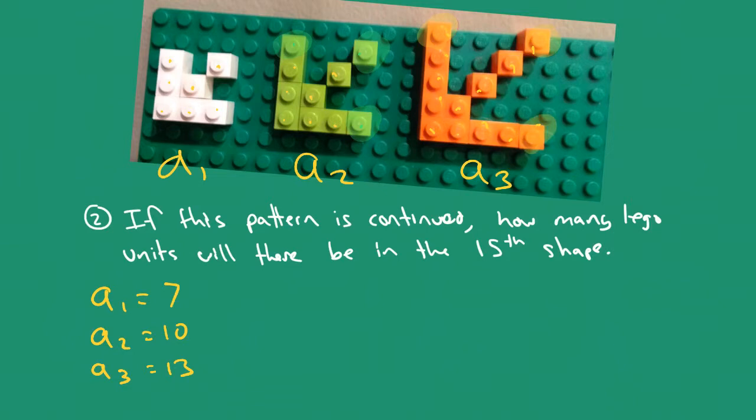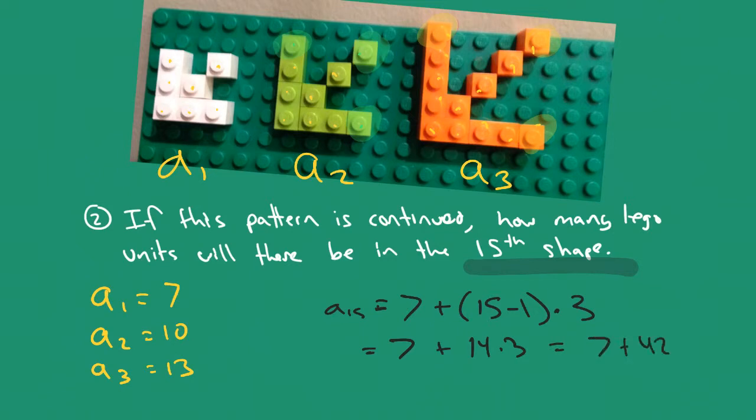So if I'm going to write my formula to figure out the 15th shape, I need A15. So A15 would equal first term, which is 7, plus n minus 1, 15 minus 1, times the common difference of 3. So that would be 7 plus 14 times 3, 7 plus 42, which is 49.